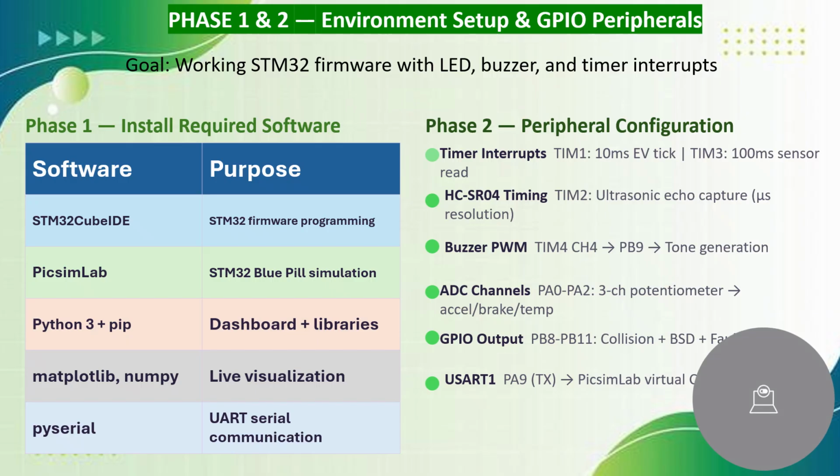When we go to our fourth slide, what happened in our fourth slide, the things we discuss later, that in phase number 1 and 2, we talk about the environment setup and GUI peripherals. Here, first there is the installation of STM32Cube for the purpose of STM32 firmware programming.